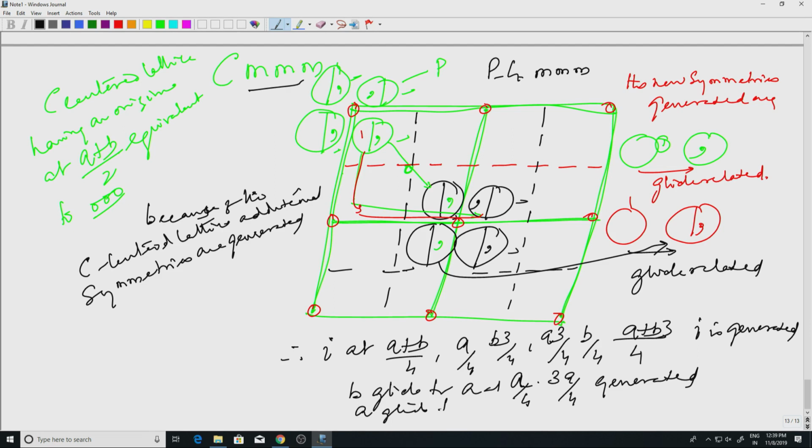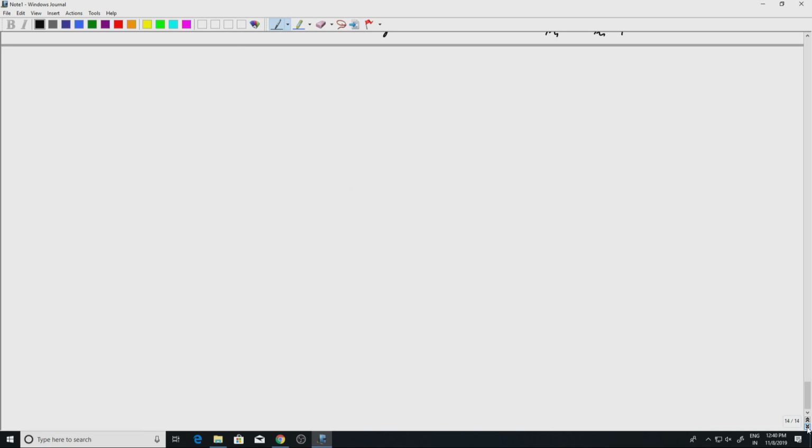A glide perpendicular to B at b by 4, 3b by 4 generated. So with this we will close the space group.